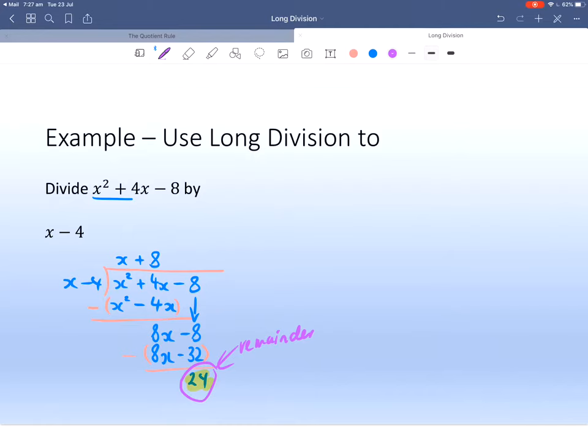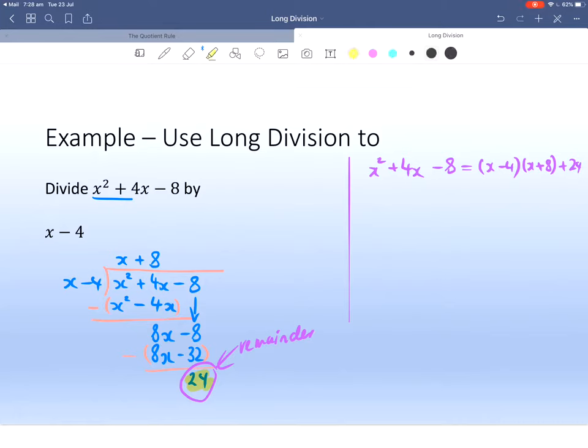So there's a couple of ways that we can write this. We can write this like this: x squared plus 4x minus 8 is equal to x minus 4 times x plus 8, plus 24. All right, so they're of equal value.